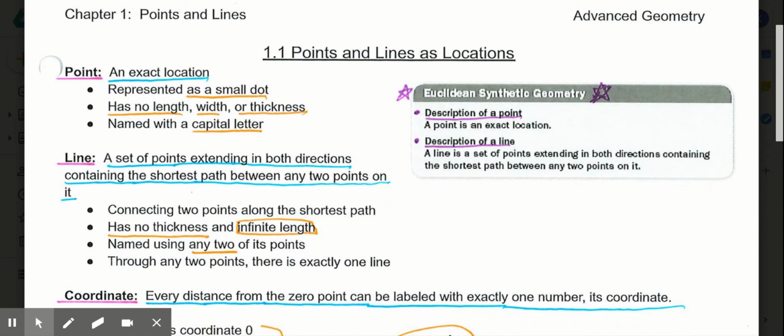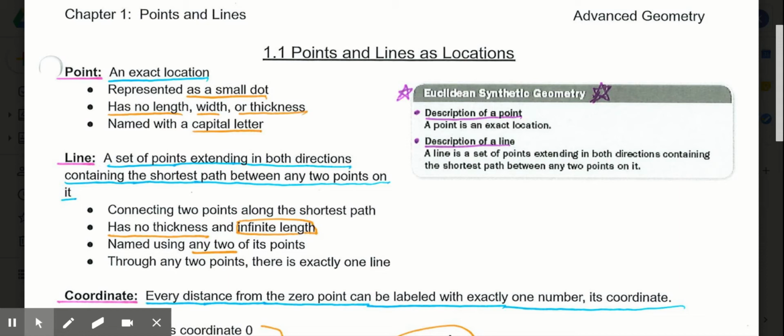Then we have a line. So our description of a line is that a line is a set of points extending in both directions, containing the shortest path between any 2 points on it.